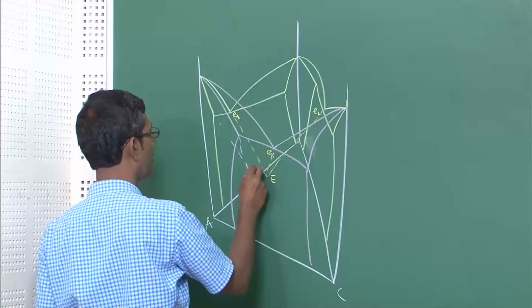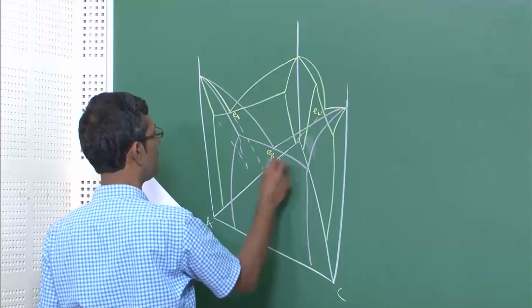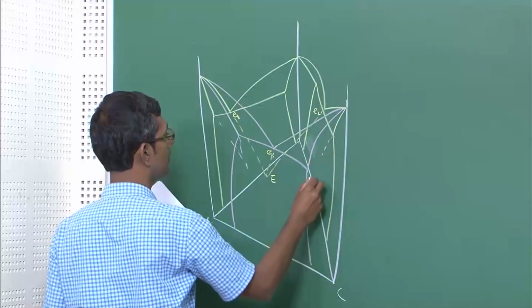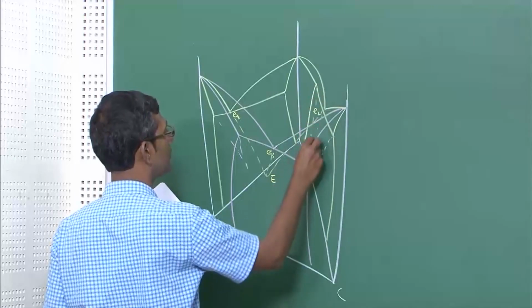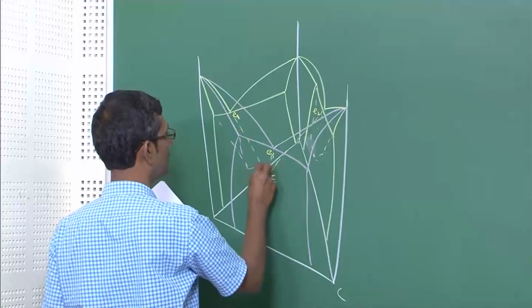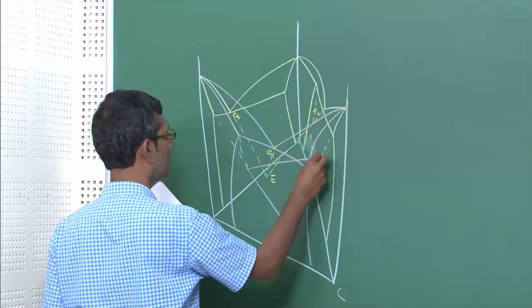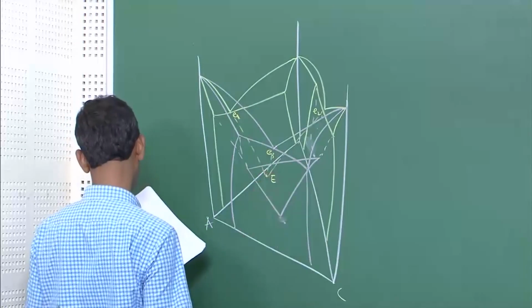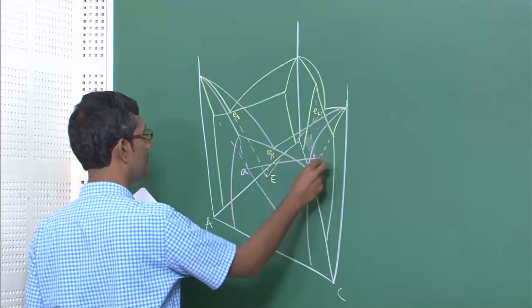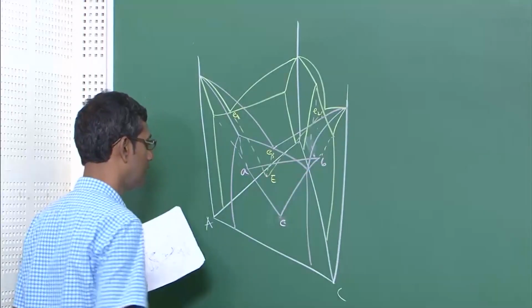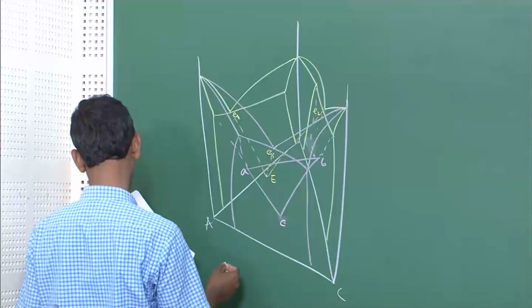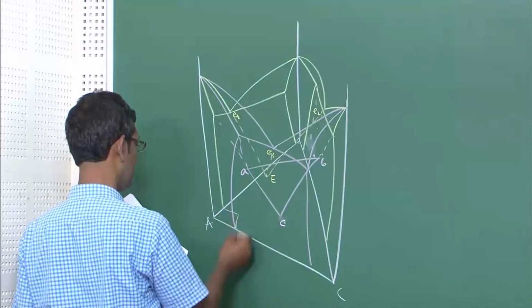This is one point of the triangle, and then, okay. Correct. So, E is sitting inside the triangle A, B, C, and we can also draw this one.